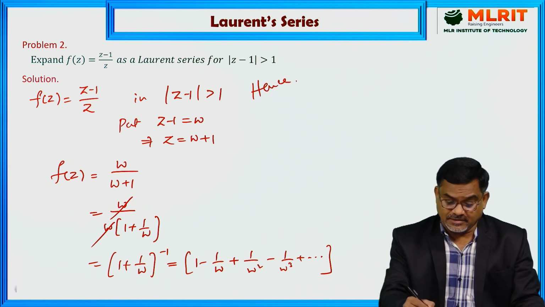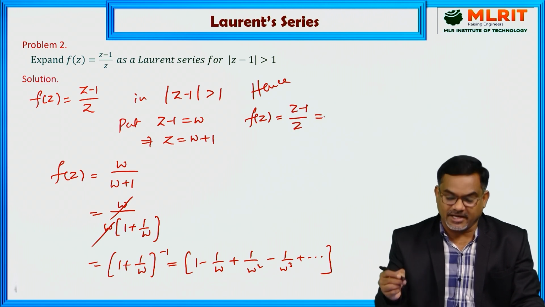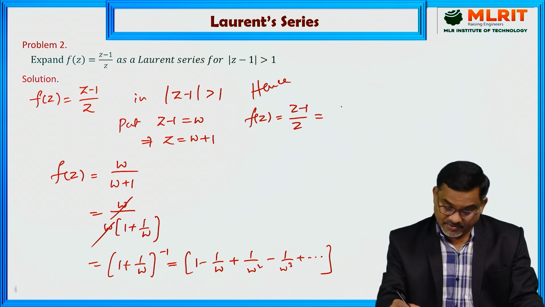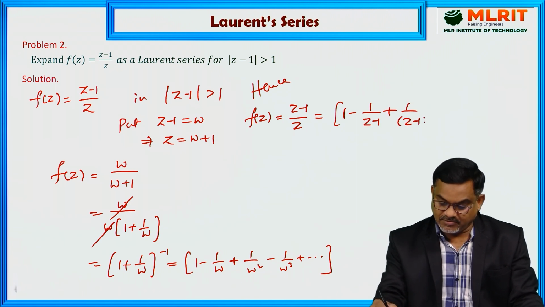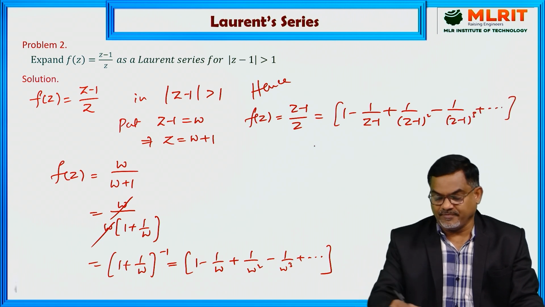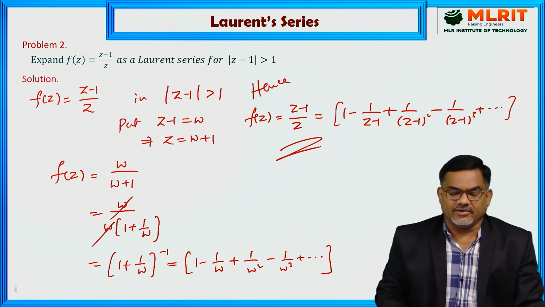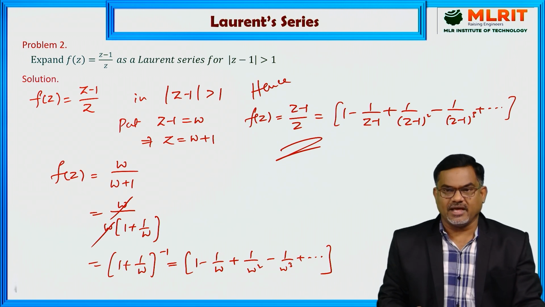Hence the given function f of z, z minus 1 by z, can be written in the form 1 minus 1 by w, that is z minus 1, z minus 1 whole square, z minus 1 whole cube, plus so on, which is valid in the given region mod z minus 1 greater than 1.